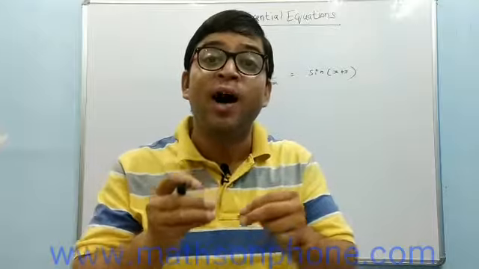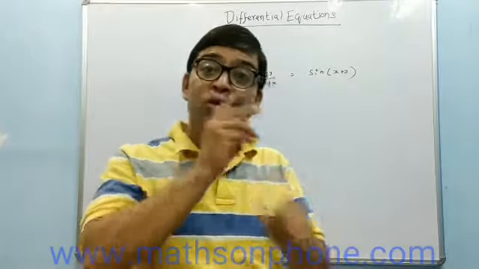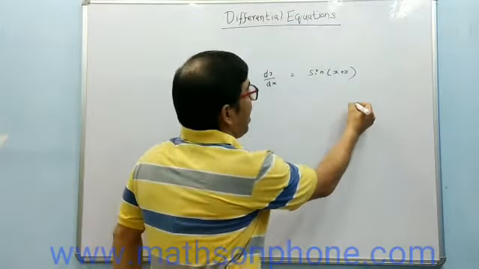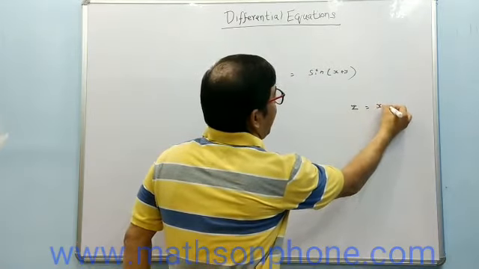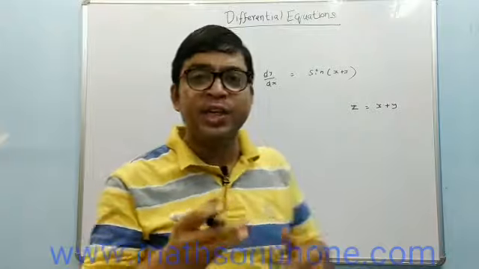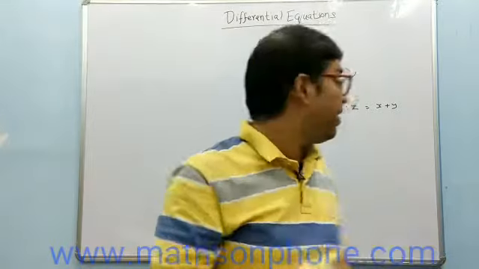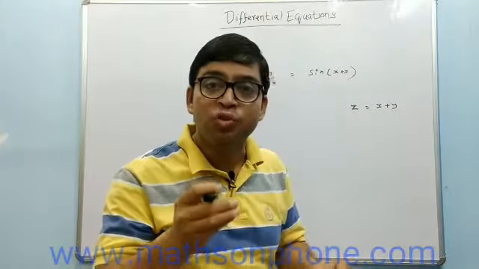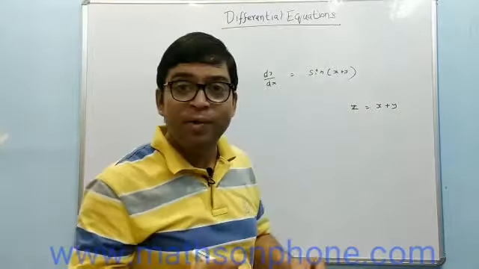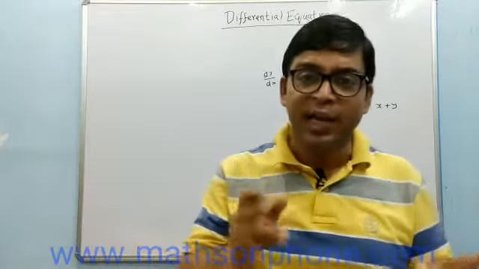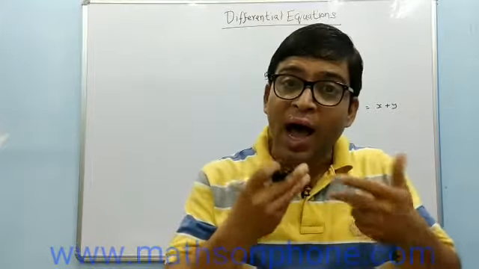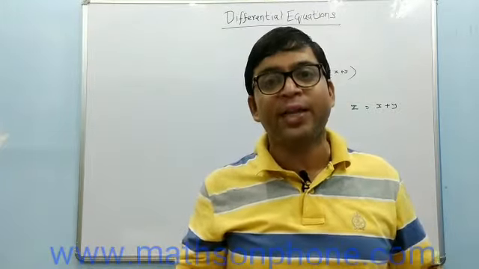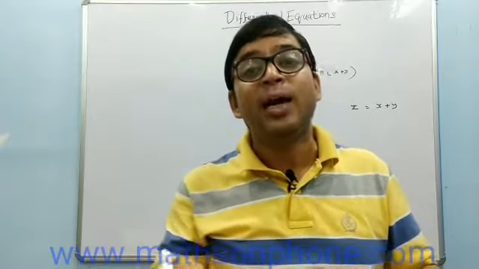We will give a different name to that relation. So if I write z is equal to x plus y, that means that relation has been given the name z. Now you differentiate both sides to get the value of dy by dx. If you give the name z to a particular relation, you have to transform everything in the differential equation in terms of z.